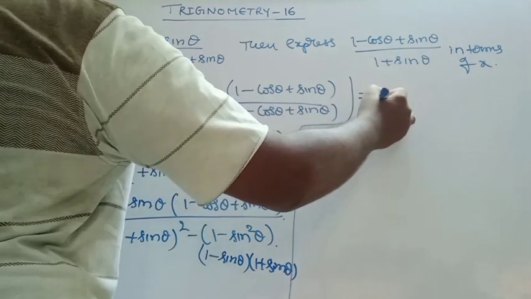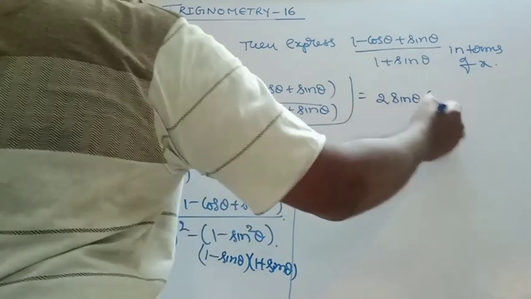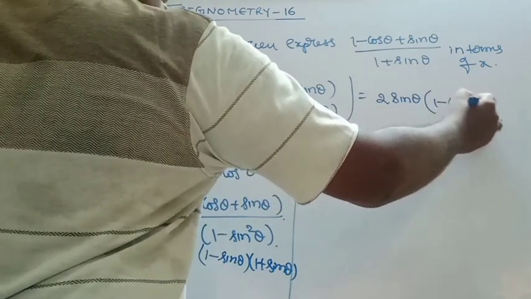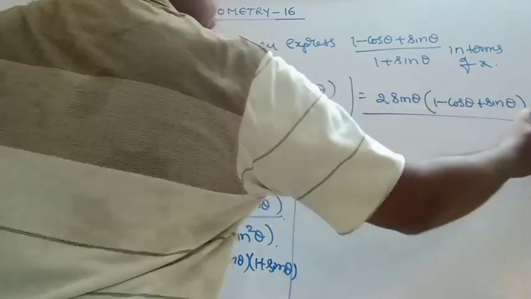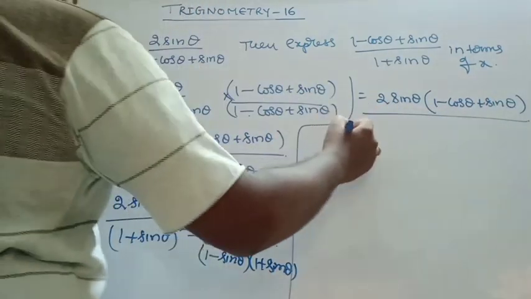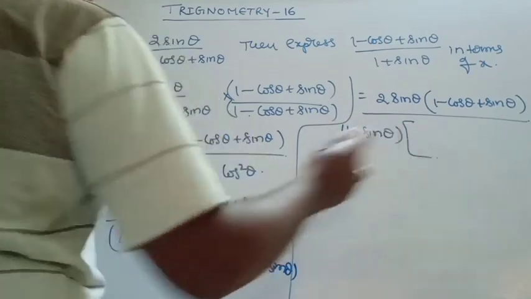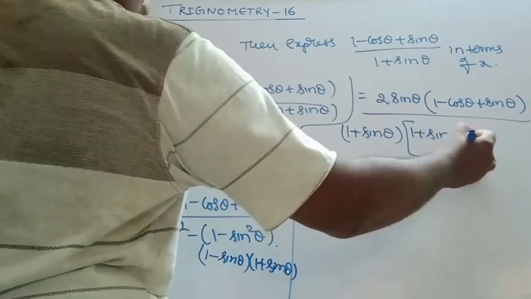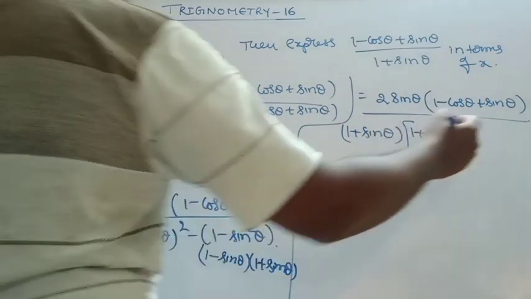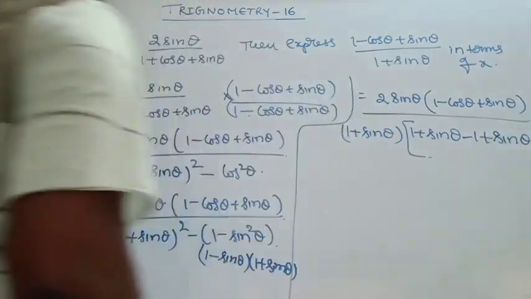Now this becomes 2 sin theta into 1 minus cos theta plus sin theta whole thing divided by 1 plus sin theta taken common, times 1 plus sin theta minus 1 minus sin theta, like this, right?